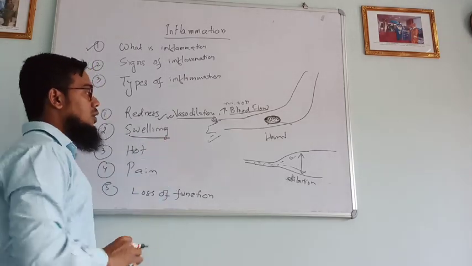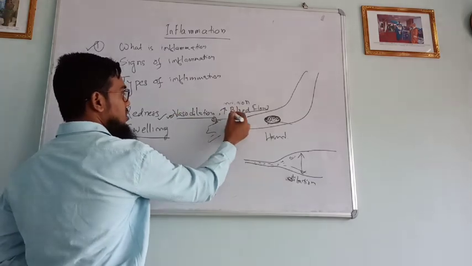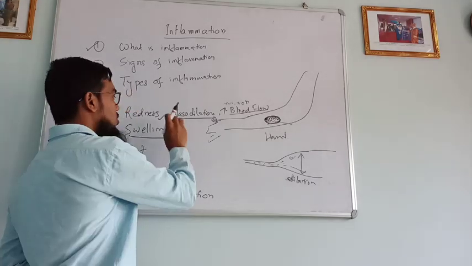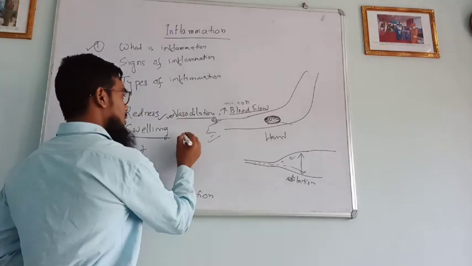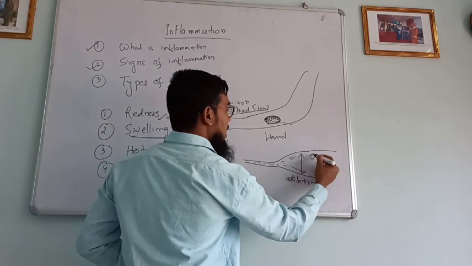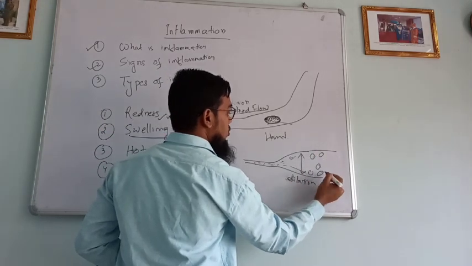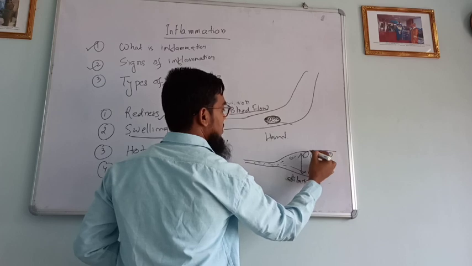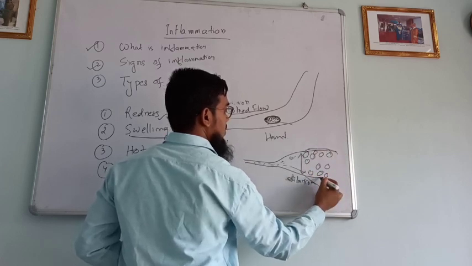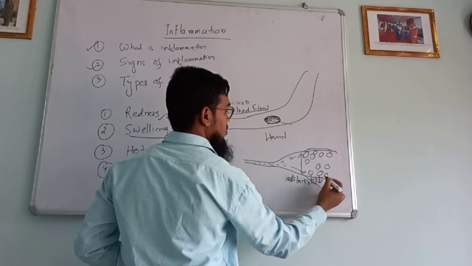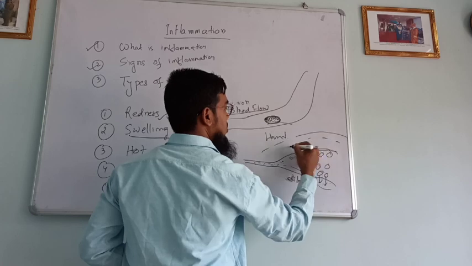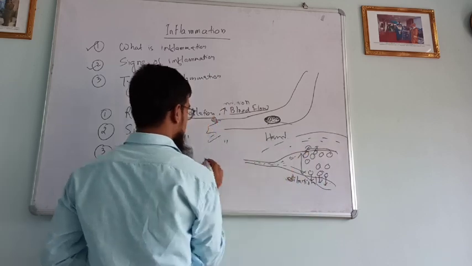Next thing, swelling. So first part, vasodilation and increased blood flow, which results in redness. Both things happen together. After that, what happens? There is exudation of fluid and exudate. In the particular region, this fluid will exudate from the blood into the tissue.